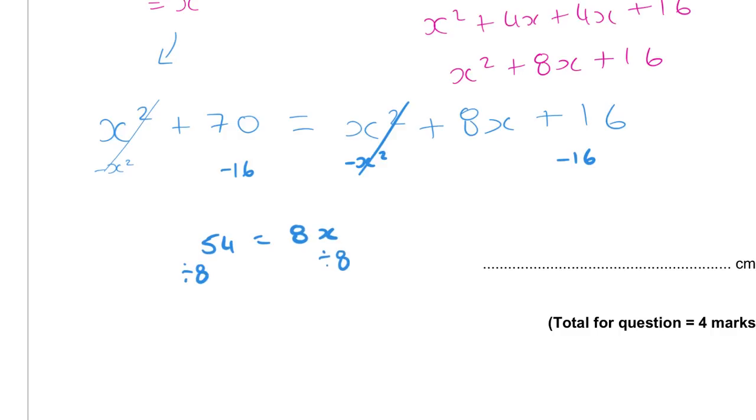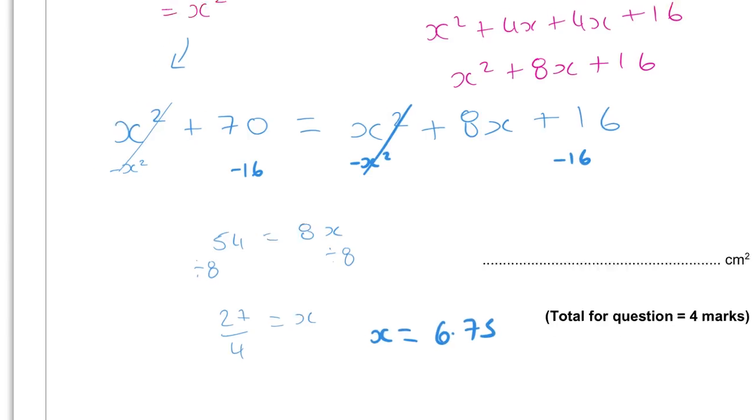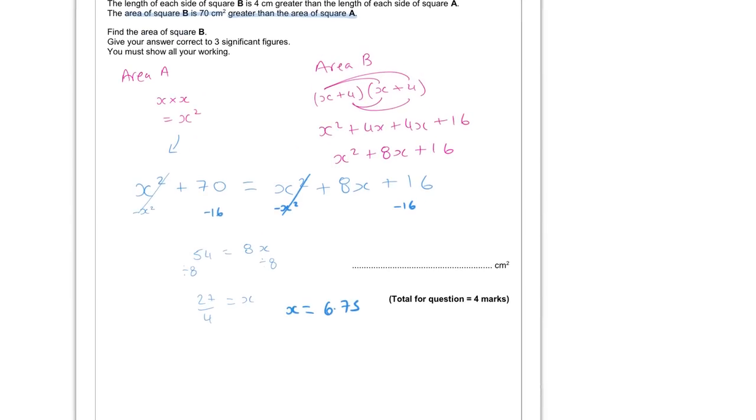Divide both sides by 8. And then I get 27 over 4 equals x. Okay, so x equals 6.75 exactly, actually. And it wants the answer to 3 significant figures.